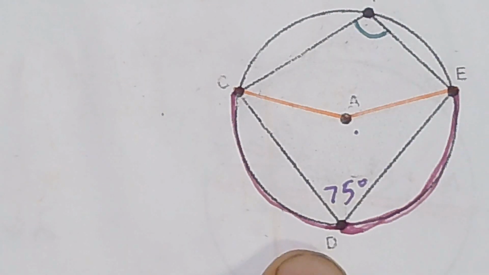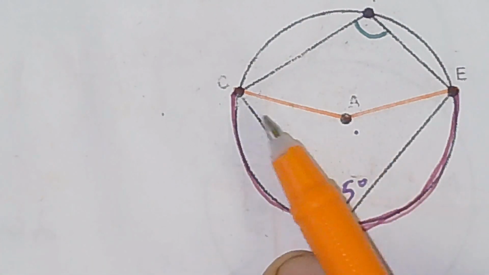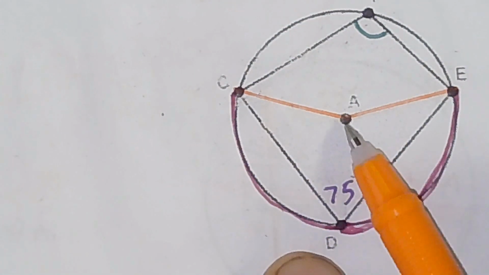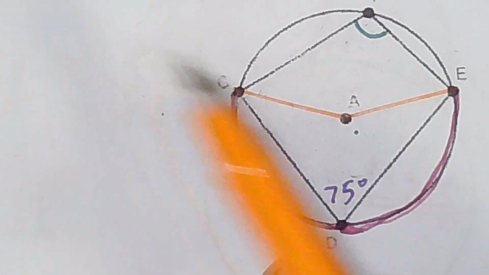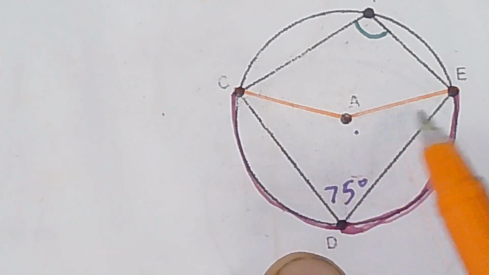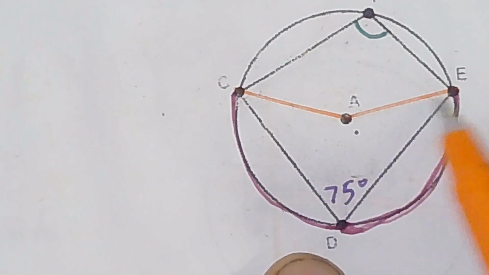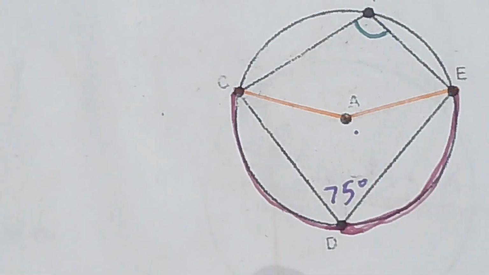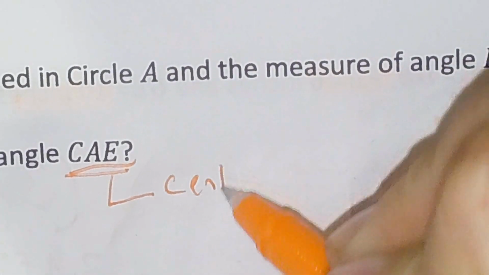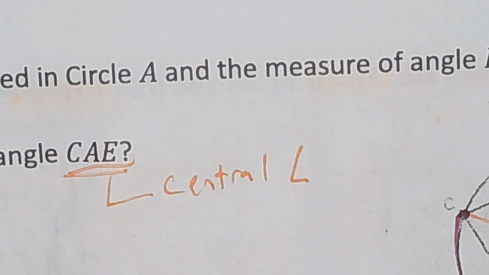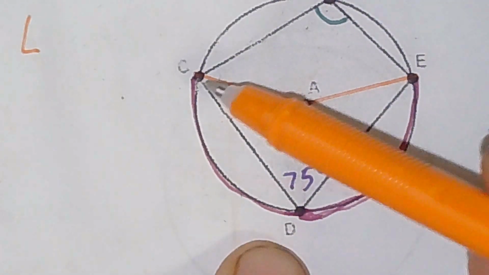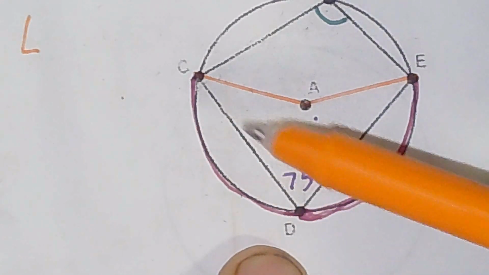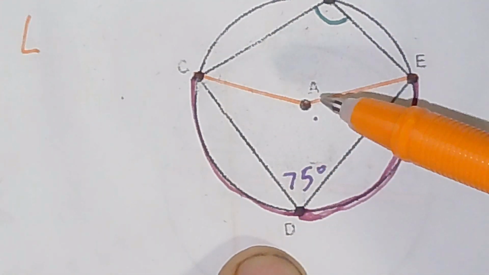If you see here, EAC is a central angle because its vertex is the center point, circle A, and E and C are on the circle. So CAE is a central angle, and CDE is an inscribed angle of this central angle CAE.